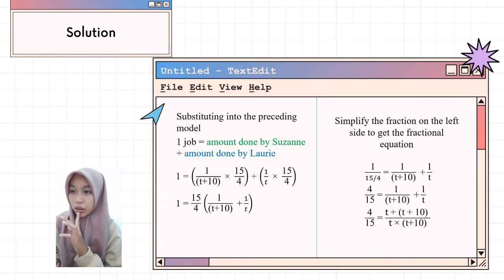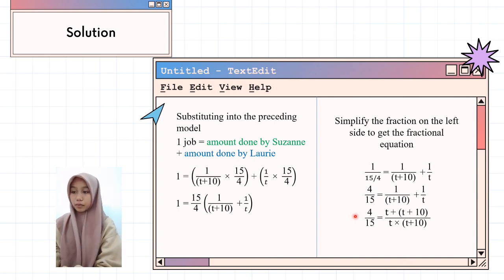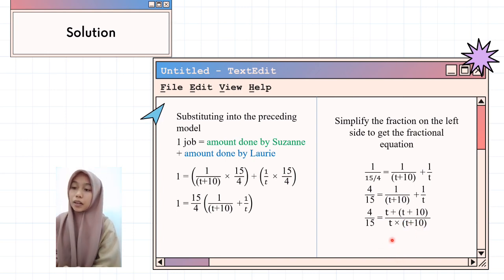Simplify the fraction on the left side to get the fractional equation. 1/(3/4) equals 1/(T + 10) + 1/T. 4/3 equals 1/(T + 10) + 1/T. 4/3 equals (T + 10 + T)/(T times (T + 10)).